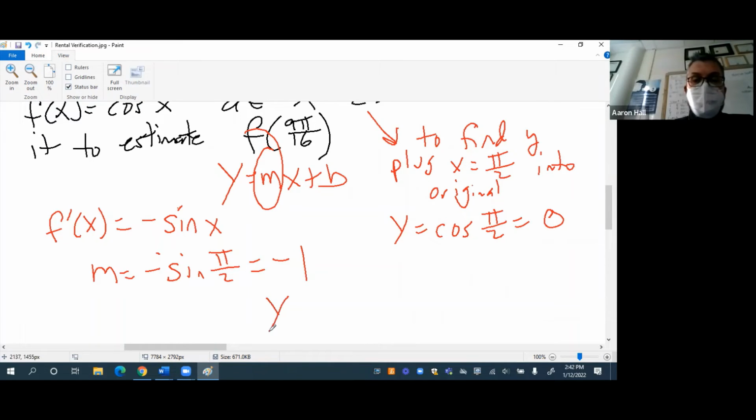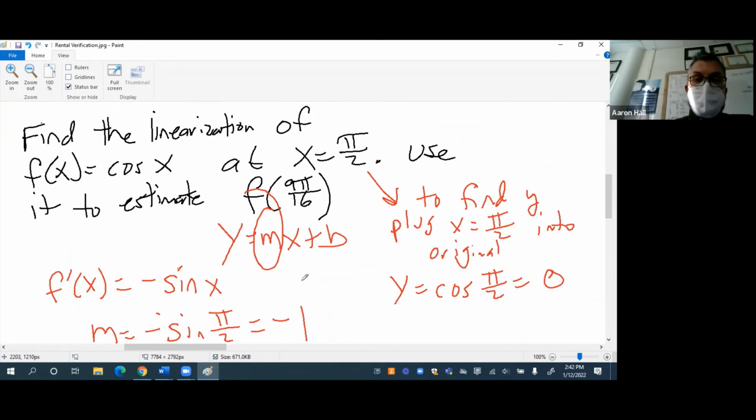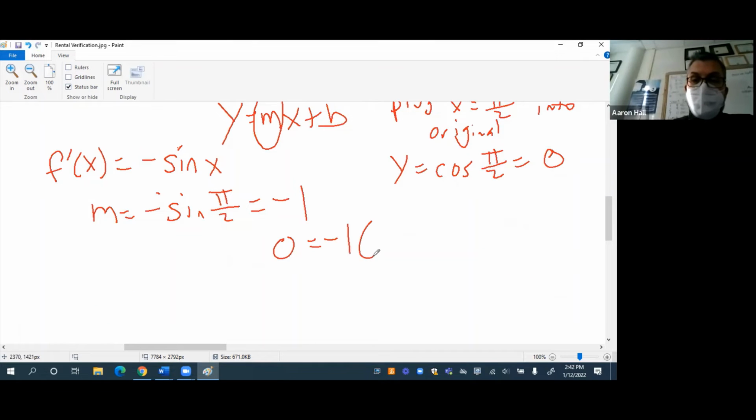Okay, so now what? Actually, we need to plug these values in. Yeah, y equals 0. So we're trying to solve for b, right? 0 equals m. What was m? Negative 1, times x, pi halves, plus b.